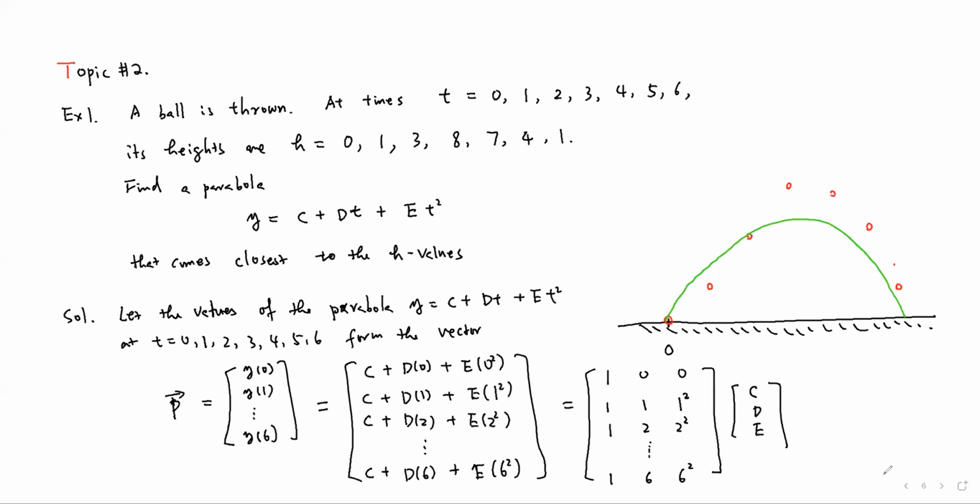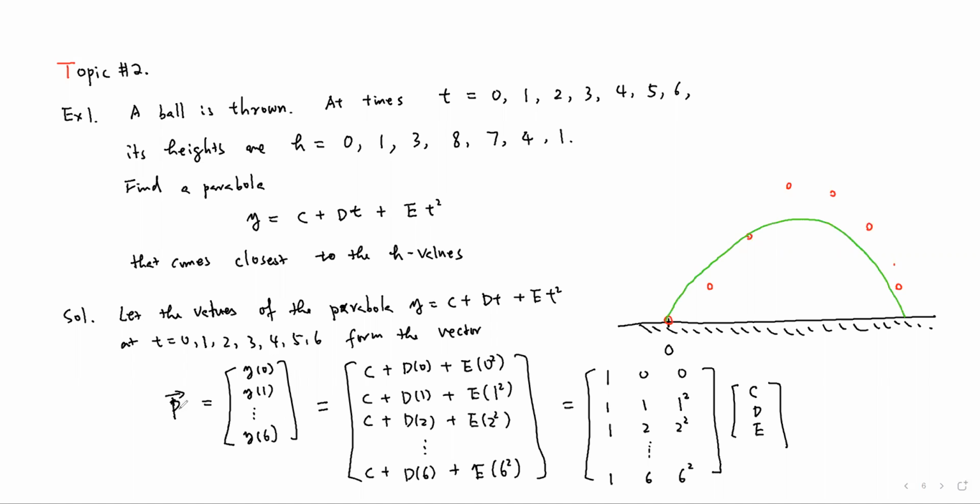What we want to do is minimize P, the vector of values of this parabola at times 0, 1, 2, and so on.